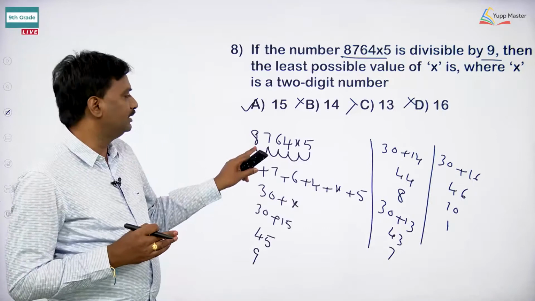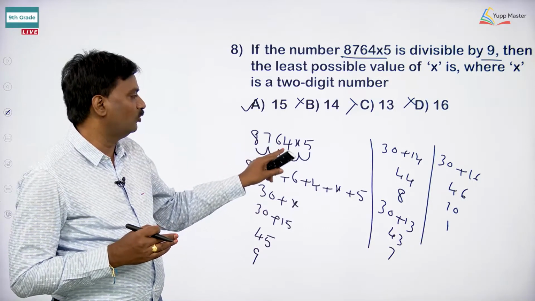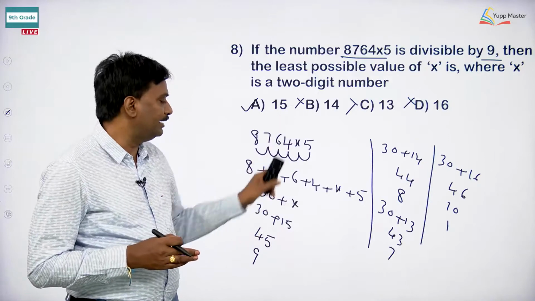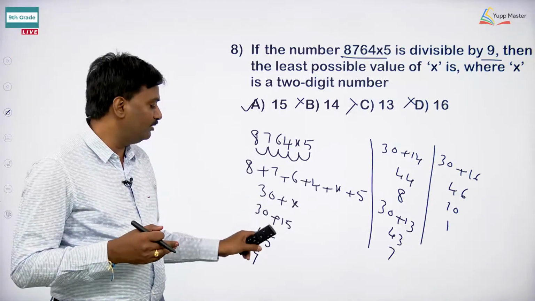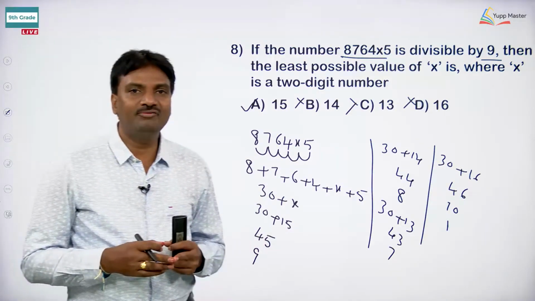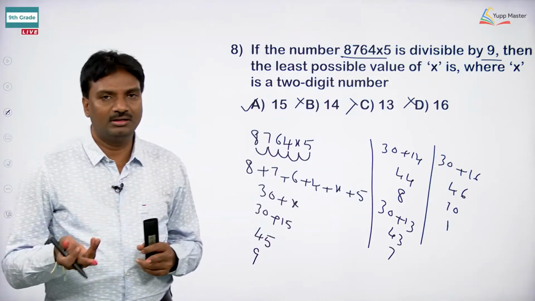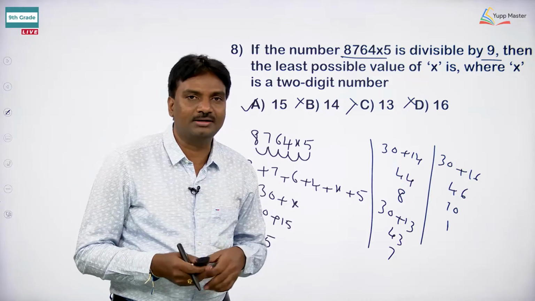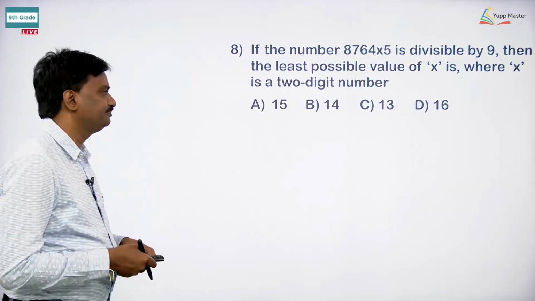By adding all the digits, 8 plus 7 plus 6 plus 4 plus x plus 5, we got 30 plus x. In place of x, by writing 15, 30 plus 15 is 45. We know 45 is divisible by 9, since 4 plus 5 is 9. So that is why option A is the correct option for the given problem.